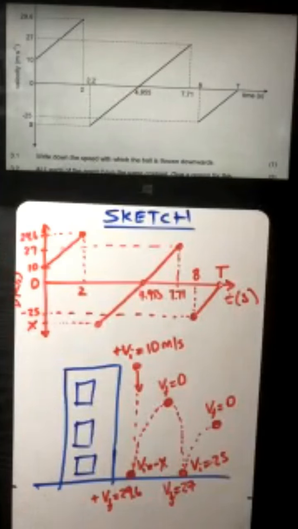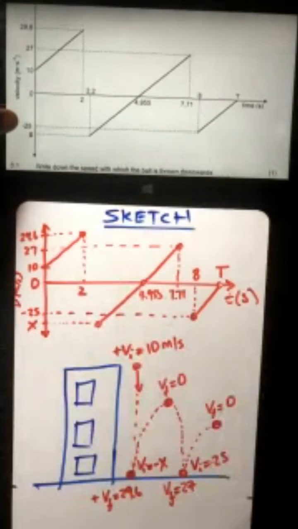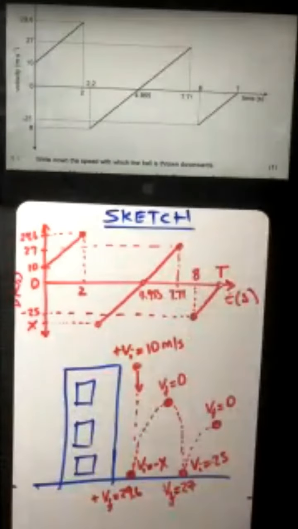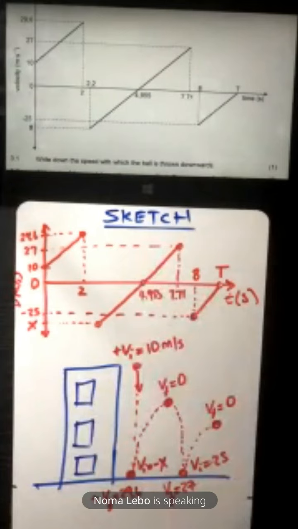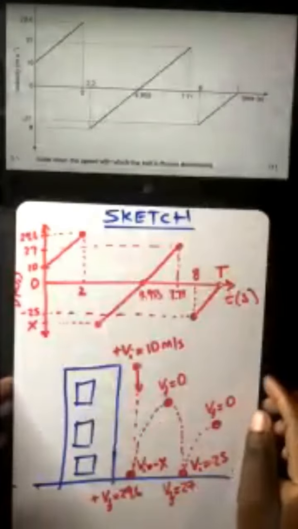So what is the speed with which the ball is thrown downwards? From the sketch, I think it's positive 10 meters per second. Anyone in disagreement?